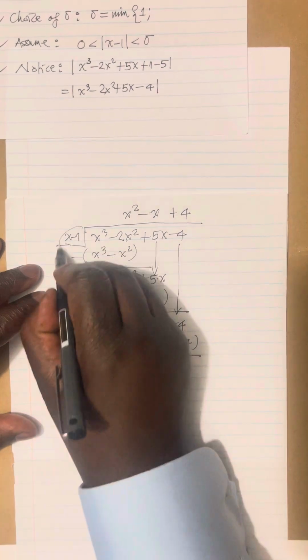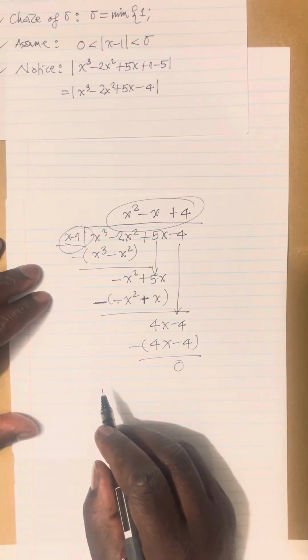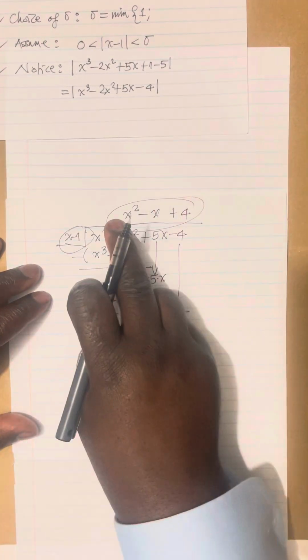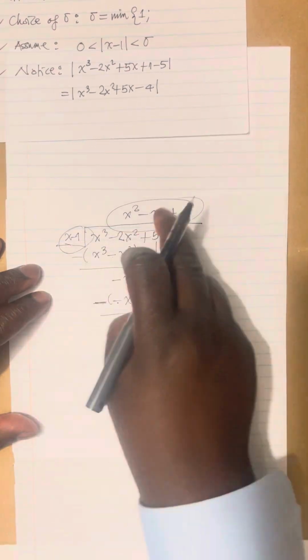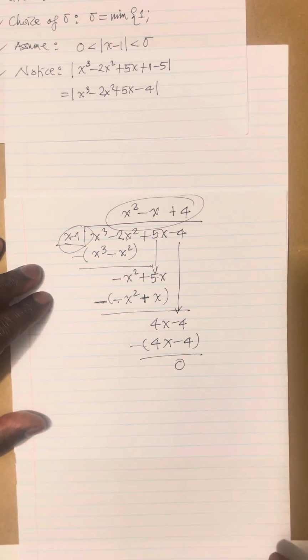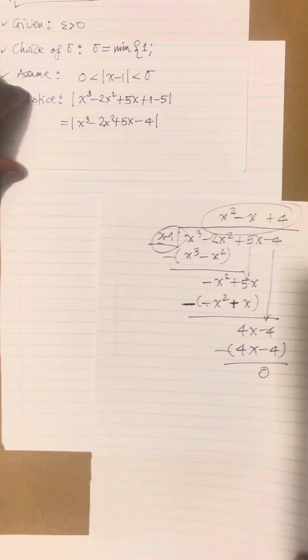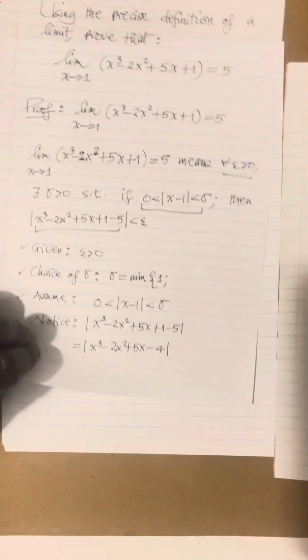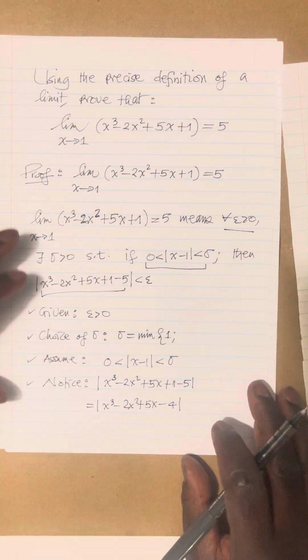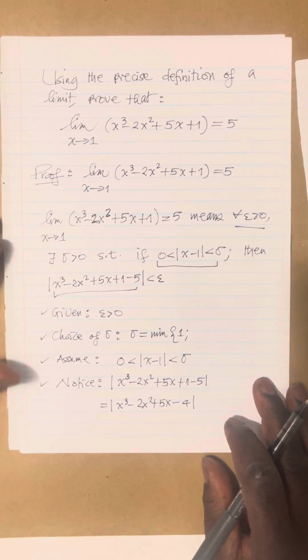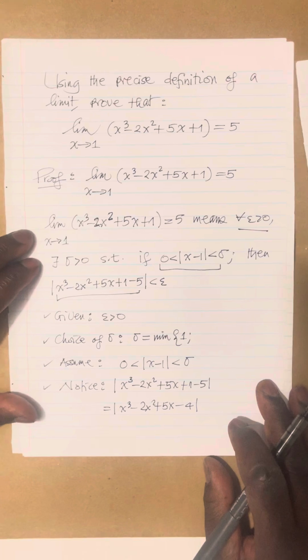So we are looking for this one and this one, because this is a divisor and that's a quotient. When you multiply these two, you get the dividend, that expression in there. So it means that this can be factorized as follows. Nice stuff. So now we have something that is very nice and easy to handle.